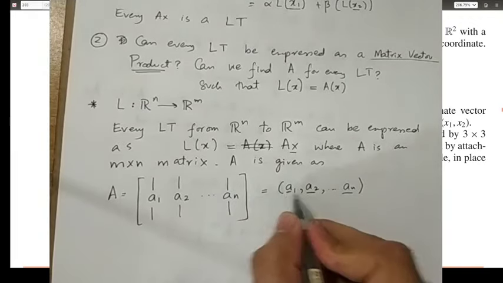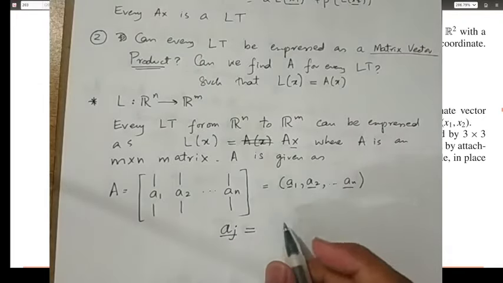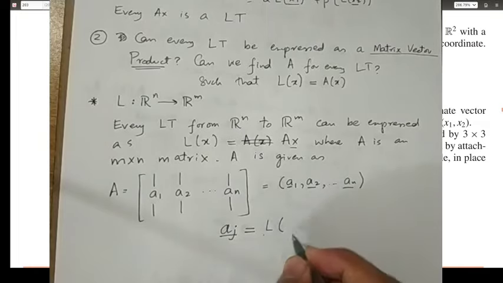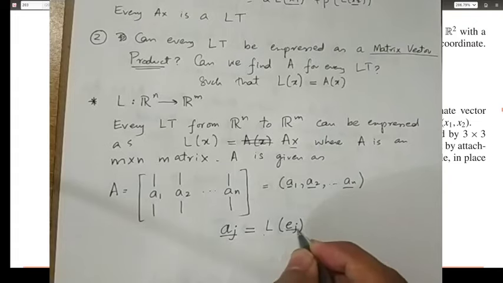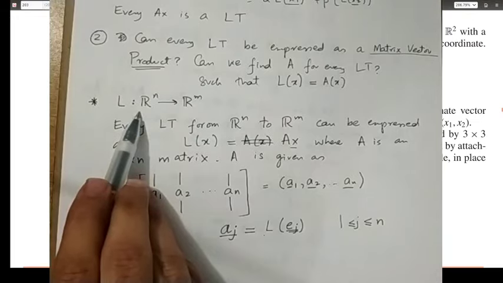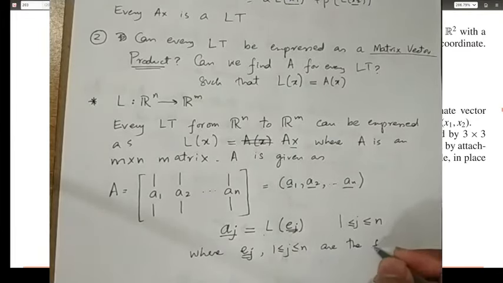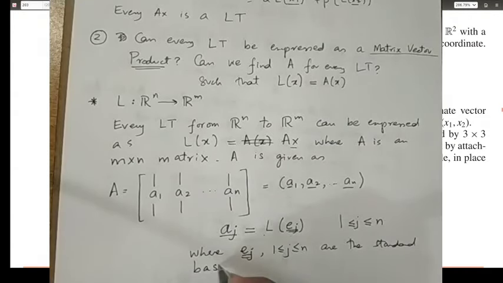Each column is nothing but the effect of this linear transformation on Ej, where j goes from 1 to n, because the original space is n dimensional, so I have n standard basis vectors Ej, j from 1 to n, which are the standard basis vectors of Rn.